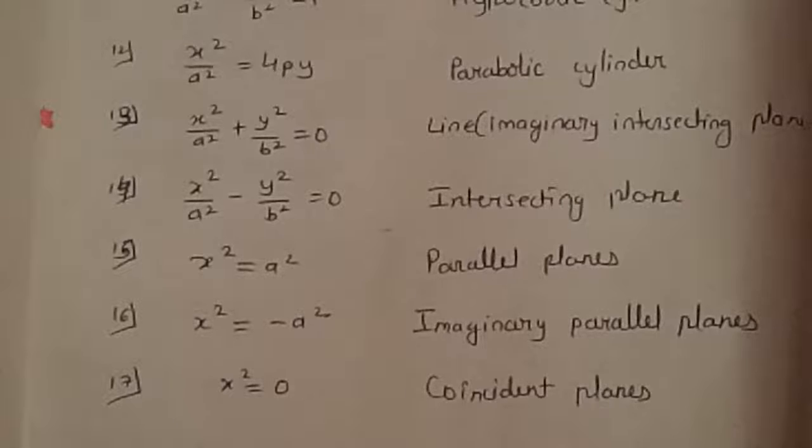We have to remember some of these because we have to reduce the quadric to its principal form, and that type of question we have to do. Now we have a question.